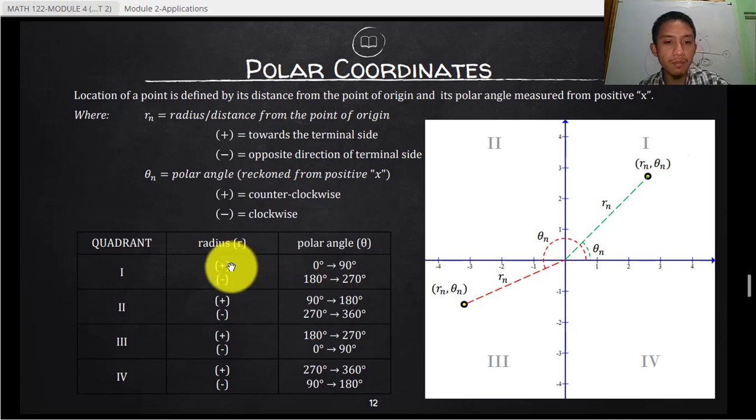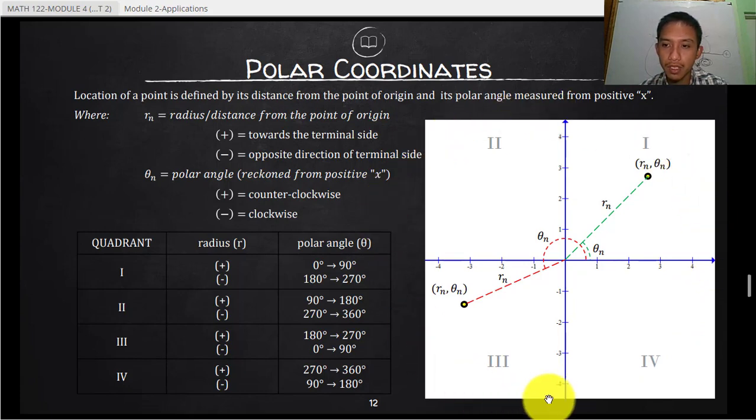Okay, so let's say you have the positive radius. You will fall in your quadrant 1. The point will be in quadrant 1 if you have the positive radius and your angle is 0 to 90. If you go back to your trigonometry, this is 0 degrees, that is 90 degrees, that is 180 degrees, this is 270, and then going back to its origin is 360.